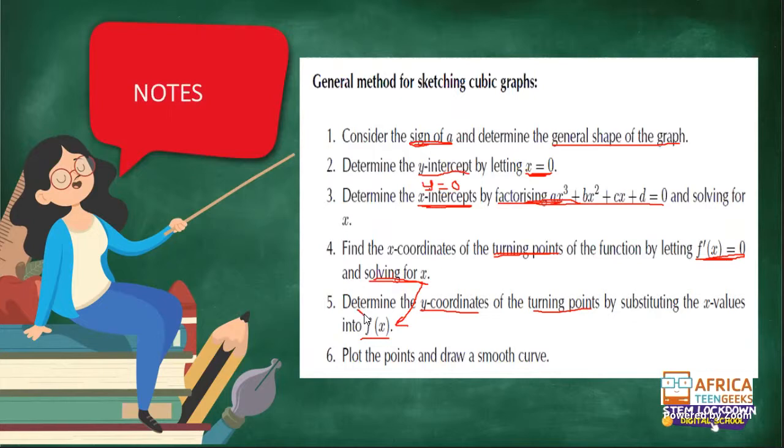Please note that. You substitute it into the original equation, not this equation, the original equation. So you substitute it back into the equation that you are given.